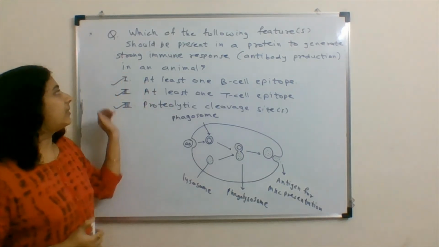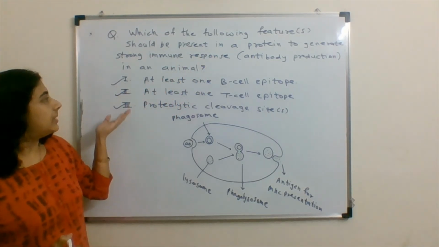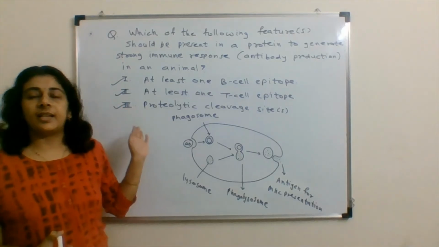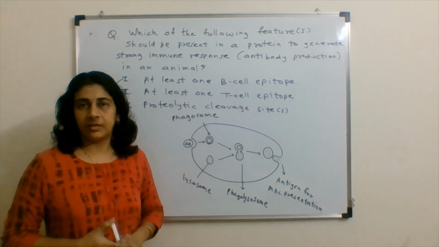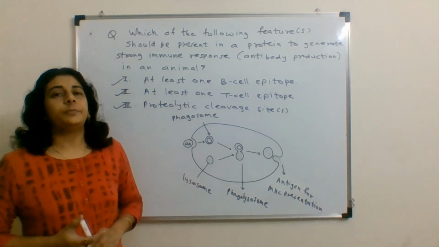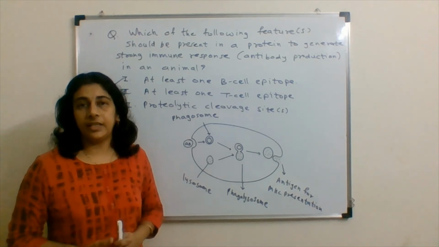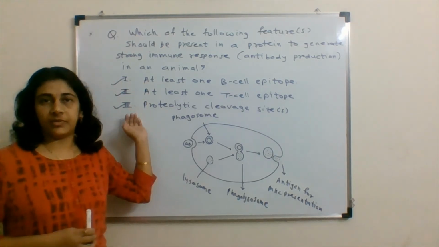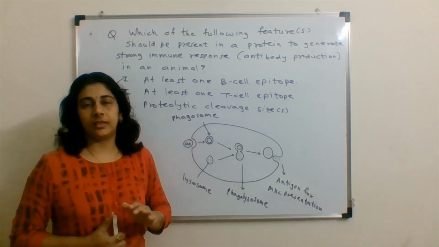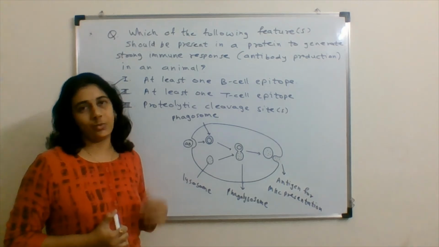So all the three requirements are required for any immune response to take place in an animal so as to have a antibody production, right? So the answer for this question becomes the option D, in which all the three possibilities are given, 1, 2 and 3. So option D is the correct answer for this question.